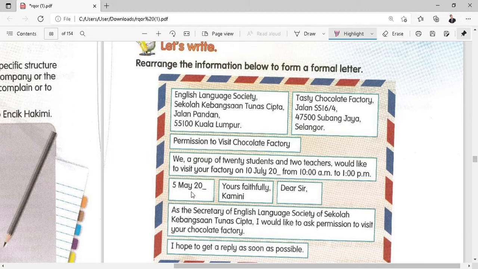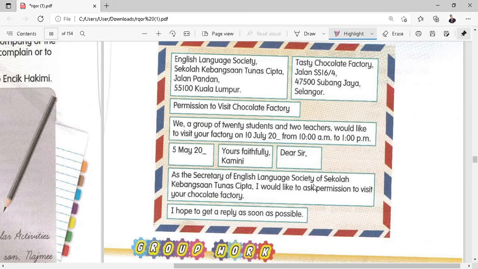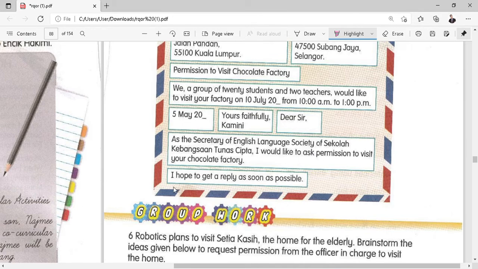Yours faithfully, Kamini. Dear Sir. Next, as the Secretary of English Language Society of Sekolah Kebangsaan Tunas Cipta, I would like to ask permission to visit your chocolate factory. I hope to get a reply as soon as possible.